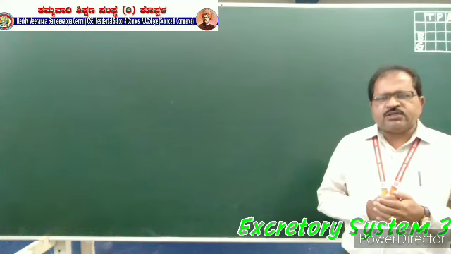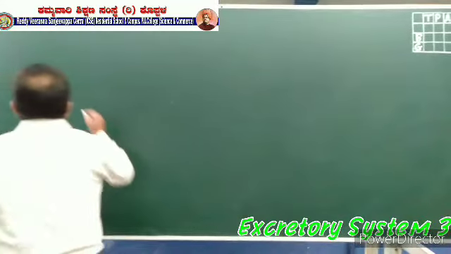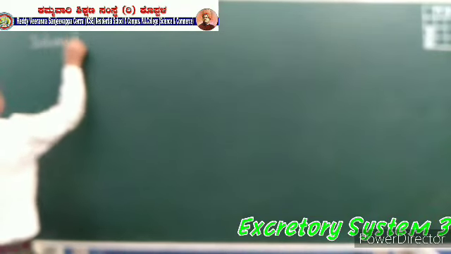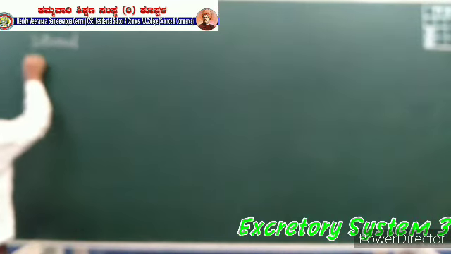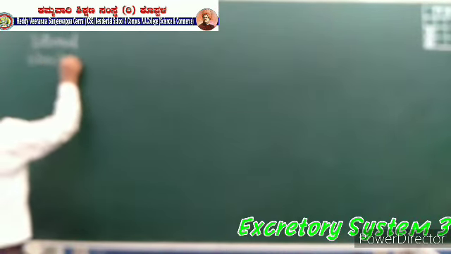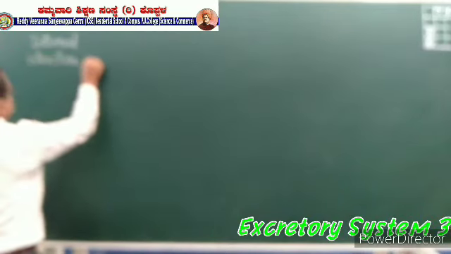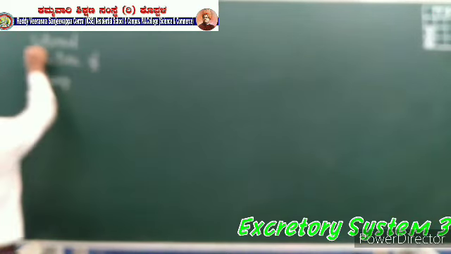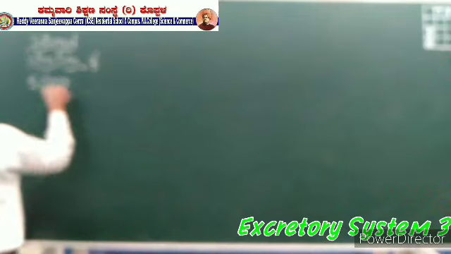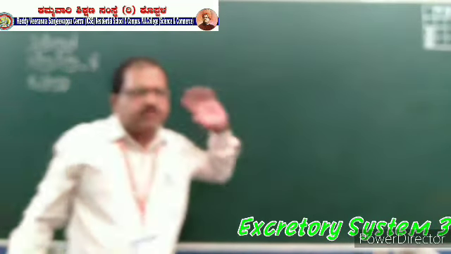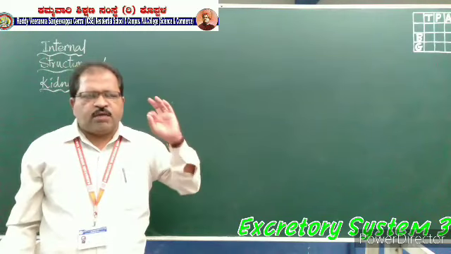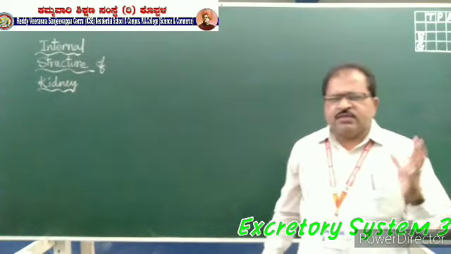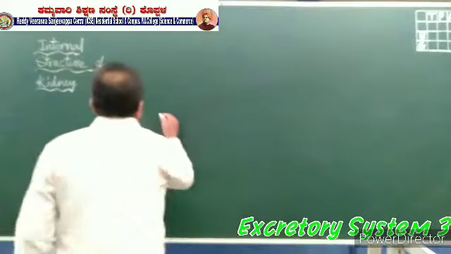First of all, the internal structure of the kidney. With regards to this topic, we are going to discuss the complete internal structure, how the internal structure is designed in the kidney.